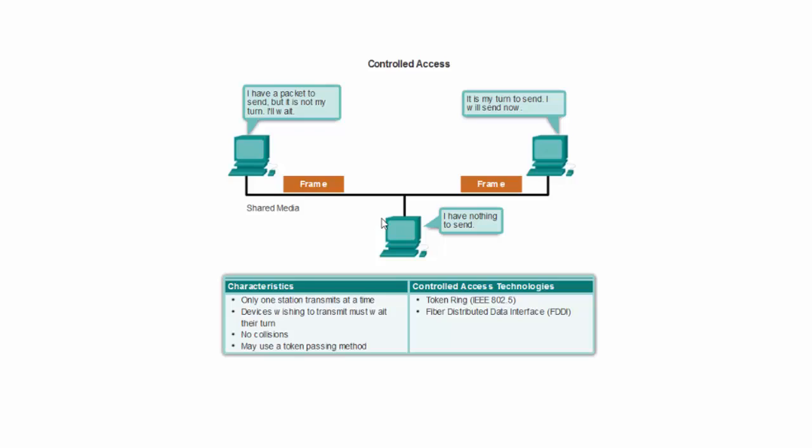it's used by FDDI, using fiber optics, to have controlled access to the line. And to understand the difference between contention-based and controlled access, imagine ourselves in a meeting. If we have a moderator who gives each one a turn, we will never have collision.